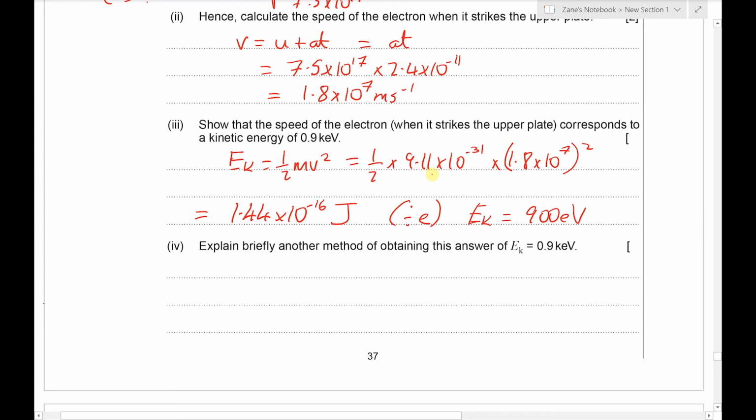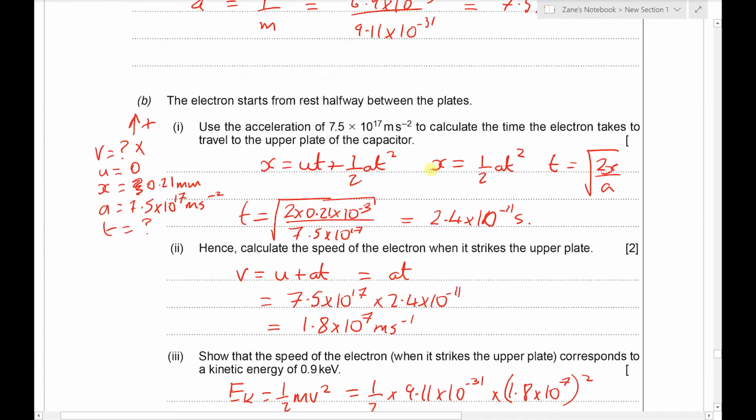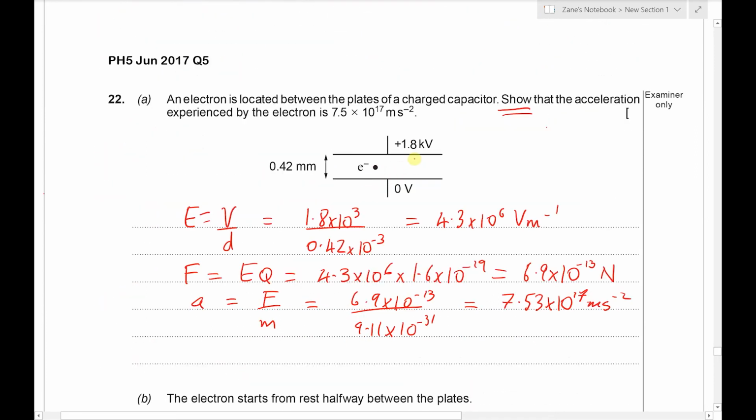For the final part of the question, we've got to explain briefly another method of obtaining this answer that the kinetic energy is 0.9 kilo electron volts. Well, if we go back to the original diagram, the PD between the plates was 1.8 kilovolts and the electron started midway.